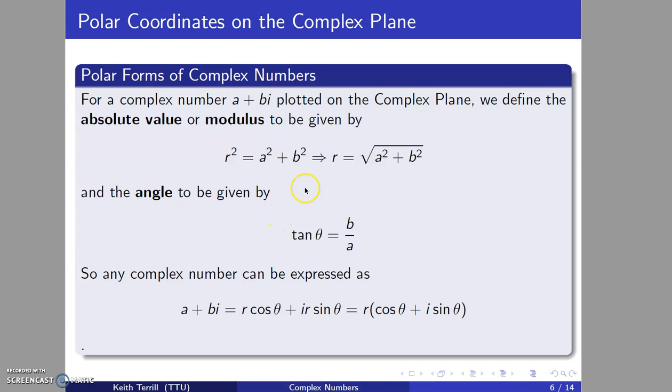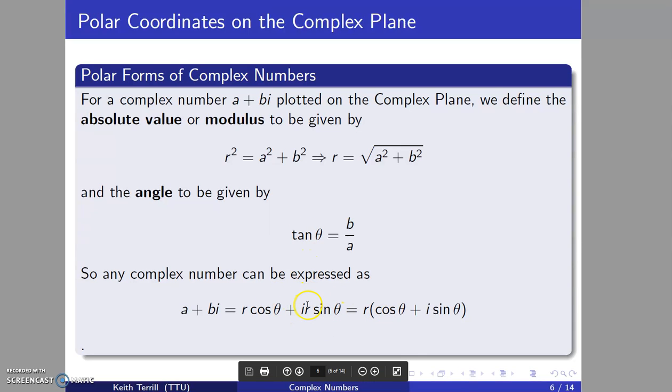But based on that, I now have a is equal to r cosine theta and b is equal to r sine theta, just like before, right? x was equal to r cosine theta, y was r sine theta, so now a plus bi becomes r cosine theta plus r sine theta times i. And I have it written this way because people would look at having an i over here and think, is i inside the argument of sine or is it outside?